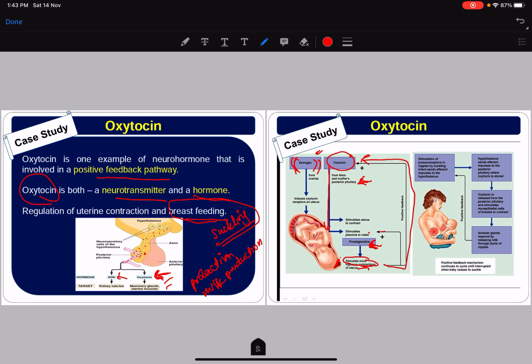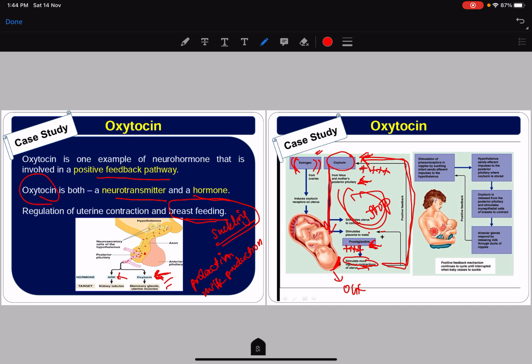And then the baby keeps pushing on the cervix or the birth canal here. More signal to the posterior pituitary, and the posterior pituitary secretes more oxytocin. Oxytocin is released, travels to the placenta and causes more contraction, until the baby is out, then the circle stops.